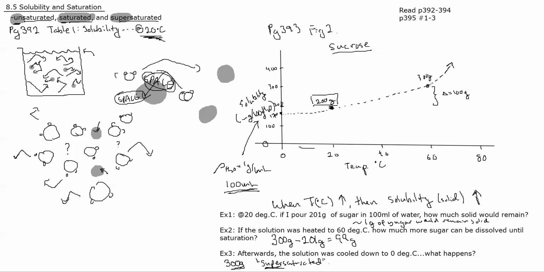Immediately, as soon as the volume of water is cooled down, you will still have 300 grams of sugar dissolved inside the cool glass of water. But if you give it time, slowly but surely, the difference of 130 grams of sugar is slowly going to crystallize out.